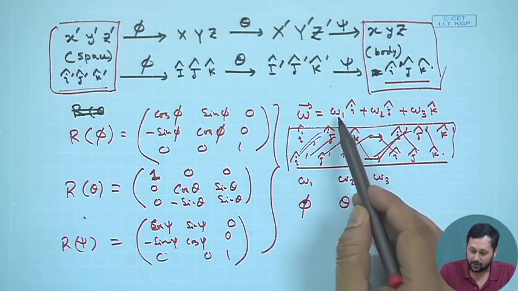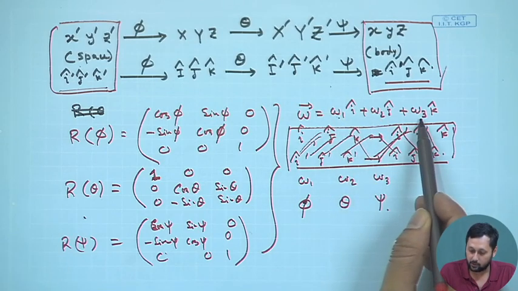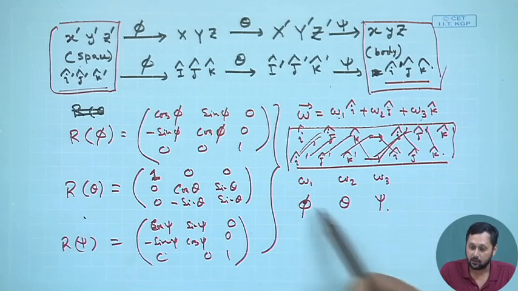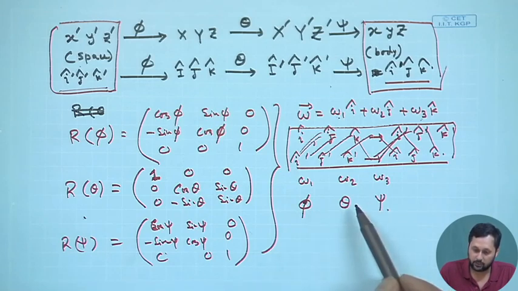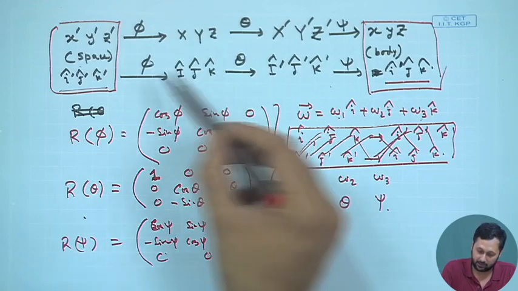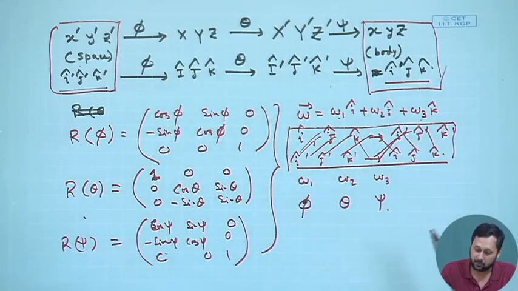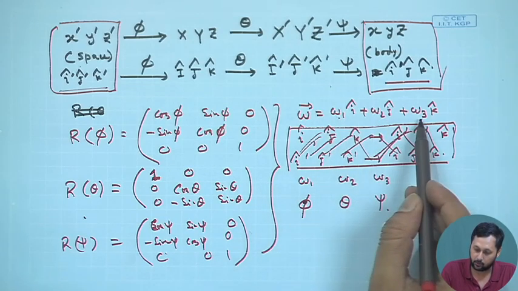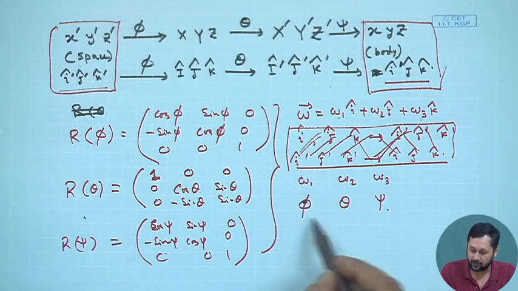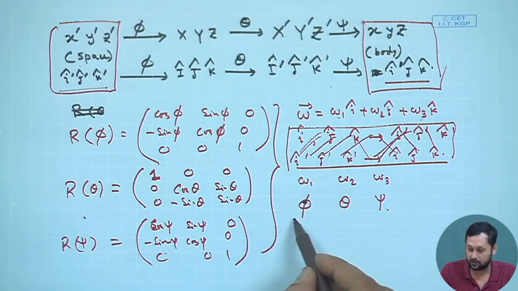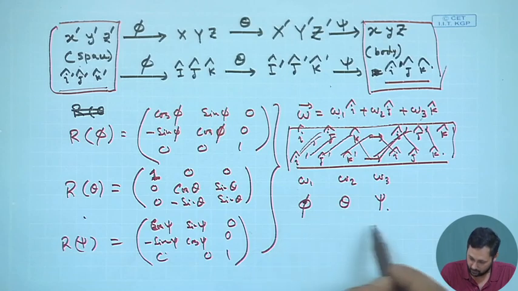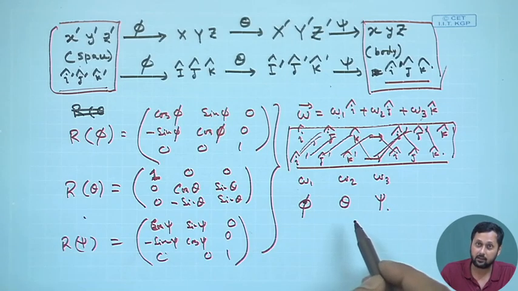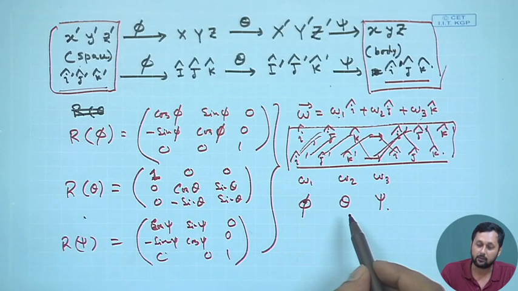But if we can write omega 1, omega 2 and omega 3 in terms of phi, theta and psi, which is in some sense associated with the space set of axes by this set of rotations, then in principle, if we integrate these equations and get the expressions in terms of these 3 angles, we can comment on the nature of the motion, because all these angles are somehow connected with the space set of axes.